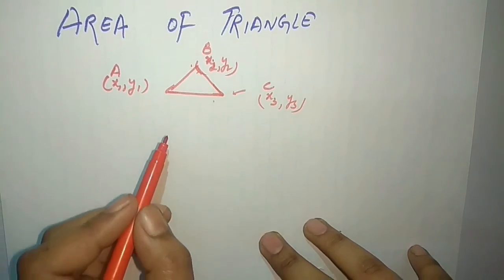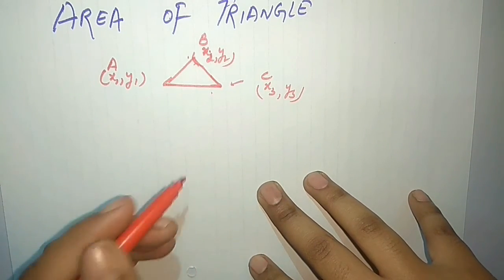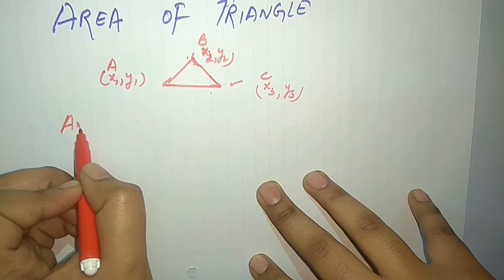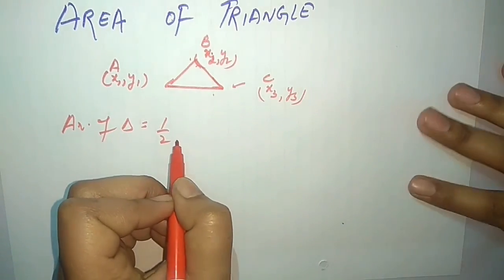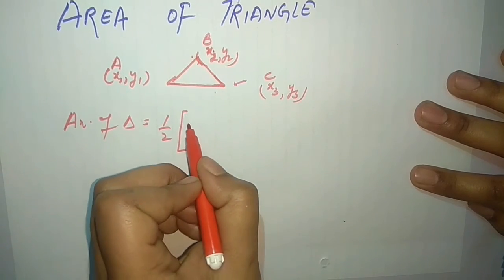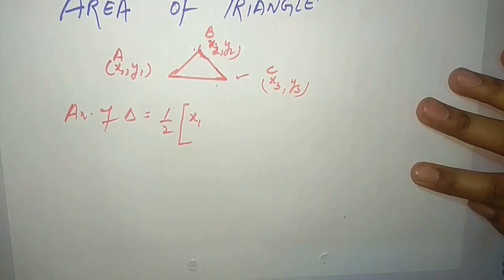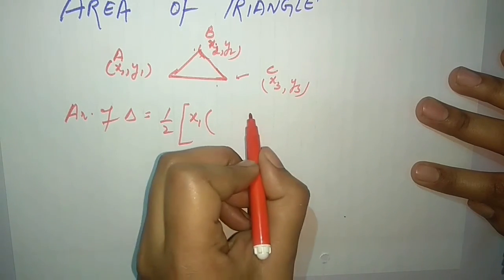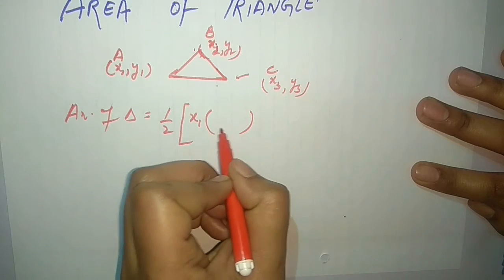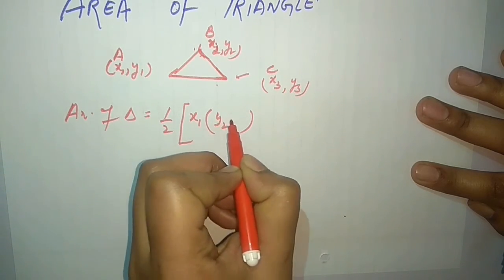Now how do we apply the area of a triangle here? The area of a triangle is given as half, bracket, x1. First write x1. After 1 we have 2 and 3 because there are only 3 coordinates. Now in the bracket we have to write the values of y, that is y2 after 1, then 3: (y2 minus y3).